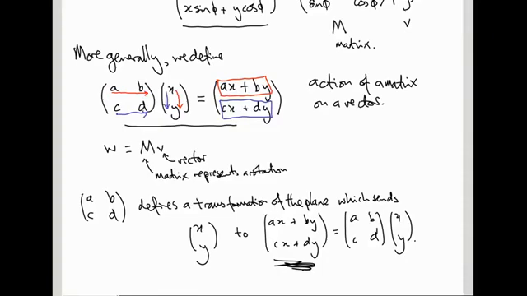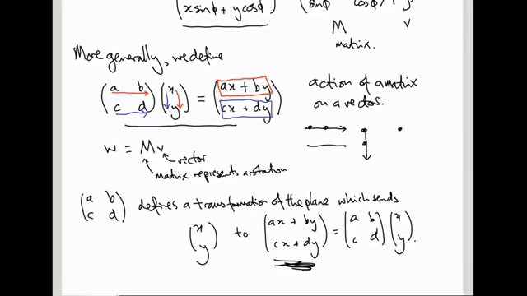So pictorially you should imagine you're working your way along the rows of the matrix, down the columns of the vector, multiplying this by this, this by this, and summing the results, and that's going to give you the corresponding entry of the vector that you output.